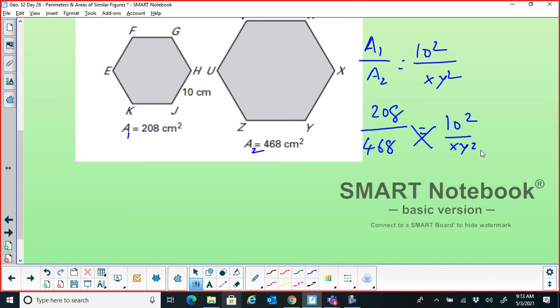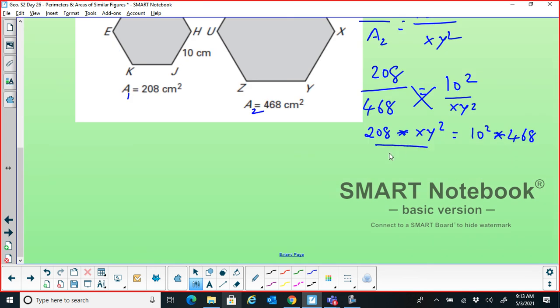Cross multiply once again, so you'll have 208 times xy square equals 10 square times 468. Further divide by 208 on both sides to get xy square equals 10 square, which is 100, times 468 divided by 208, which gives us 225.